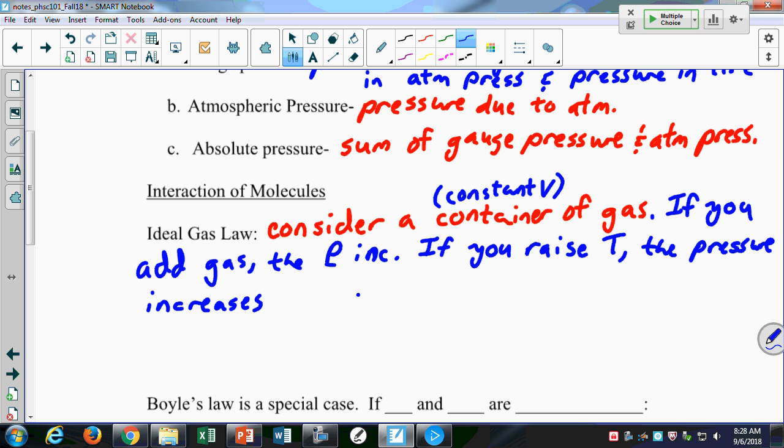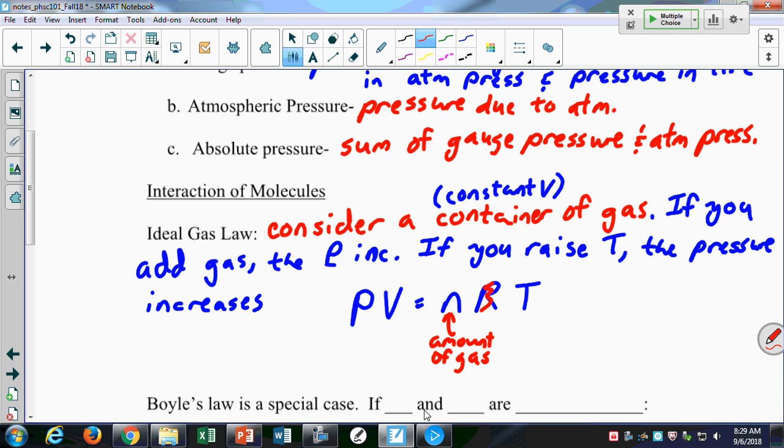And that's the ideal gas law. PV is equal to nRT. P is the pressure, V is the volume, n is the amount of gas, the number of moles. But we don't need to worry about moles. It's just how much gas do you have, how many particles of gas. R is just a constant. We can forget about it for now. But we're worried about P, V, n, and T.